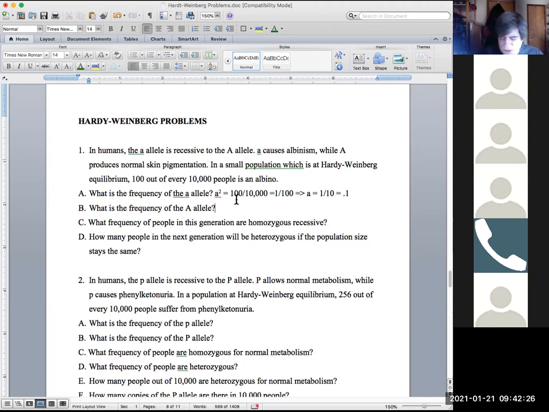Okay, now what's the frequency of the big A allele? Well, remember, we're always going to find the dominant allele by taking 1 minus the recessive allele.